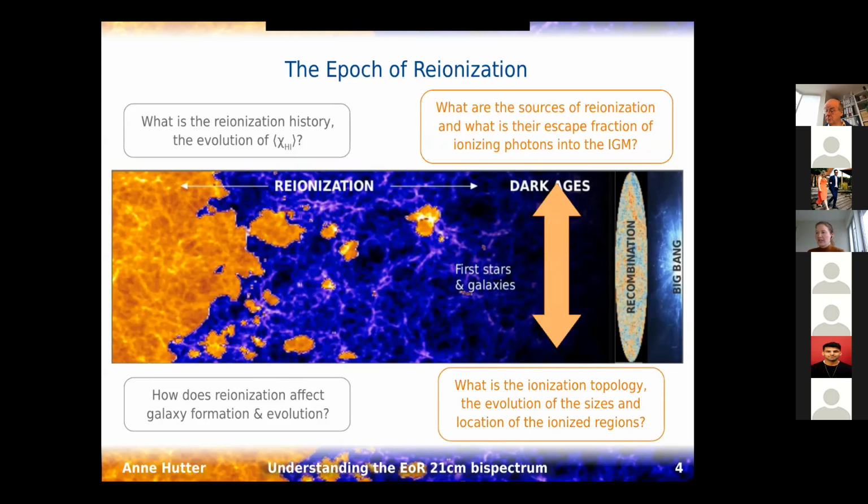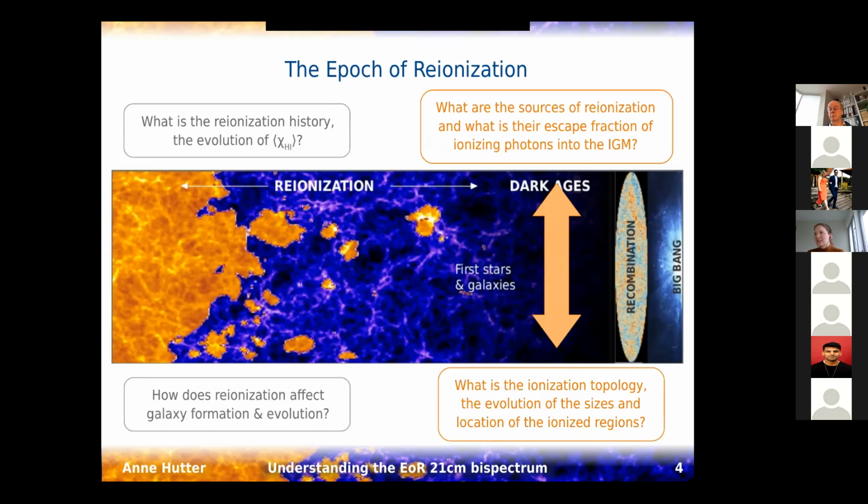So how large the ionized regions around these galaxies will be is also crucially determined by your escape fraction. By ionization topology, I mean the evolution of the sizes and the location of the ionized regions. So do we have a lot of large ionized regions, a lot of small ones? How do they evolve over time, and so on?